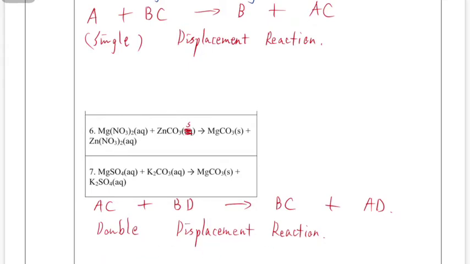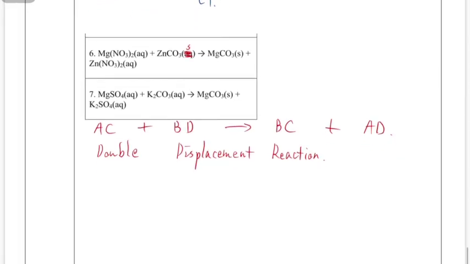And for the single displacement reaction, remember we said the ion, okay, the less reactive metal ion must be a mobile ion. So we say it must be in aqueous state or molten state, right? So same thing, same requirement here for the double displacement reaction.